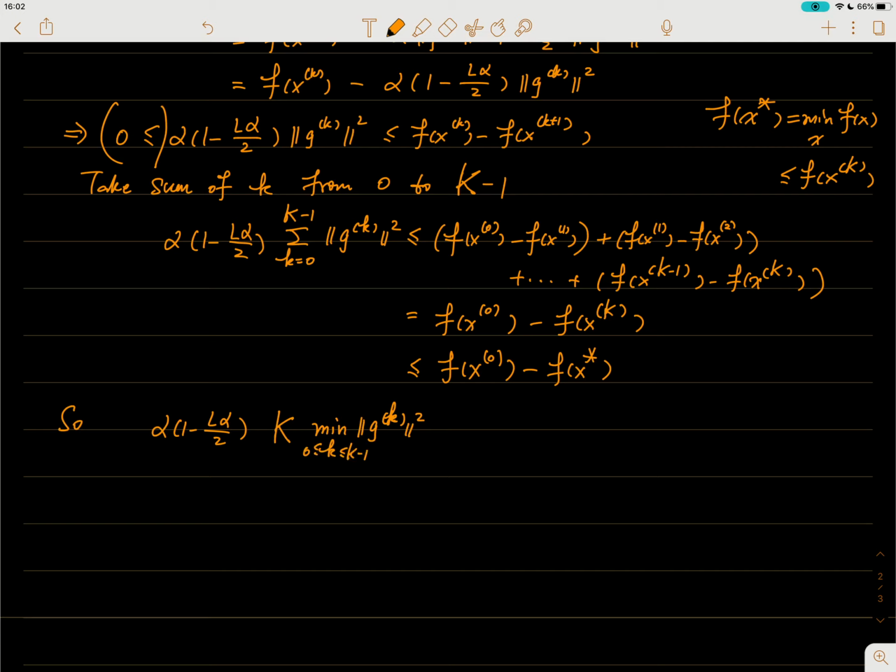Because the sum of the K terms must be bigger than or equal to K times the minimum one of them. So that's why this is less than or equal to alpha times 1 minus L alpha over 2, times the sum of k from 0 to capital K minus 1 of gk square. And this on the other side is less than or equal to f of x0 minus f of x star.